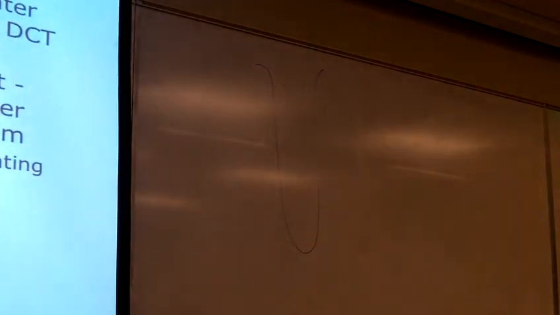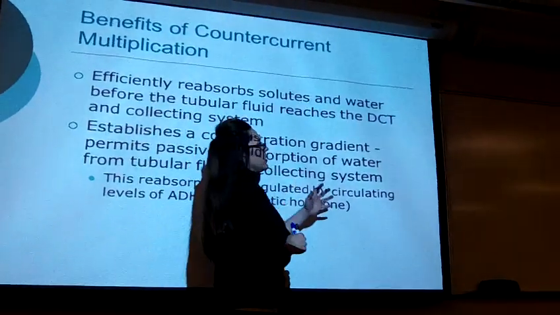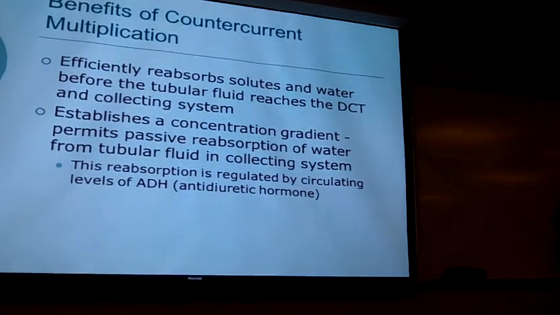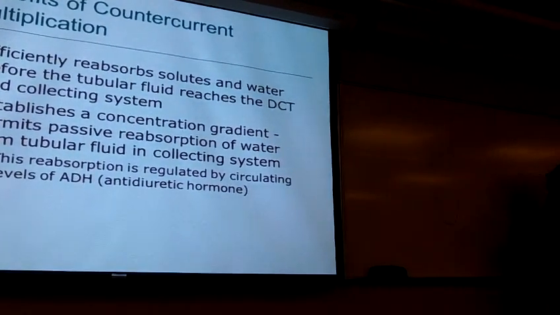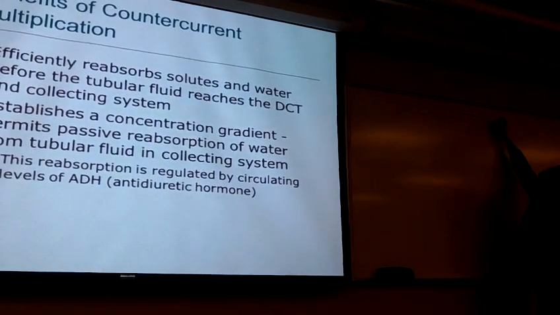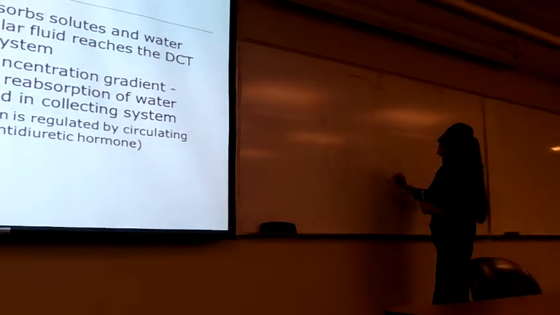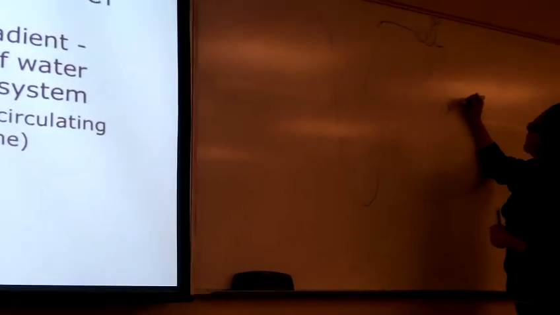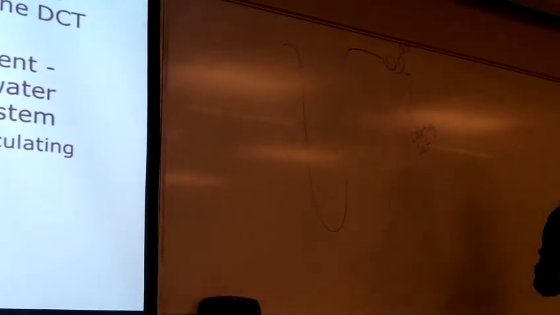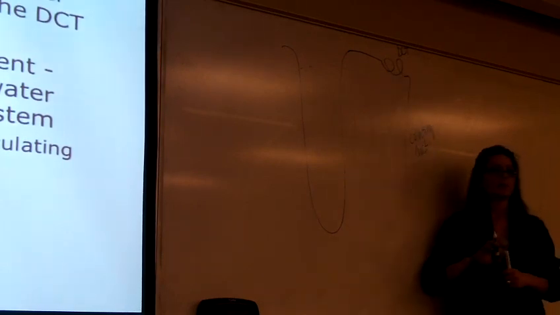Now, this countercurrent multiplication is also helping to set up this osmotic gradient out here in the interstitial fluid, because as that filtrate comes over, this is the DCT here, and then this is the collecting duct. If our ADH levels are high, then we need to reabsorb water in the DCT and collecting duct.